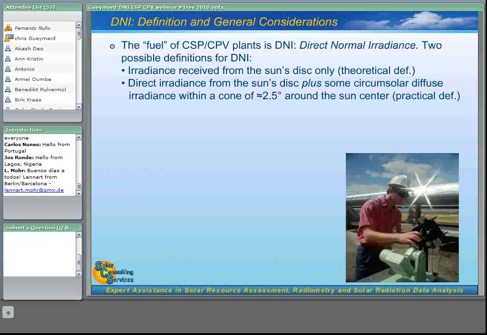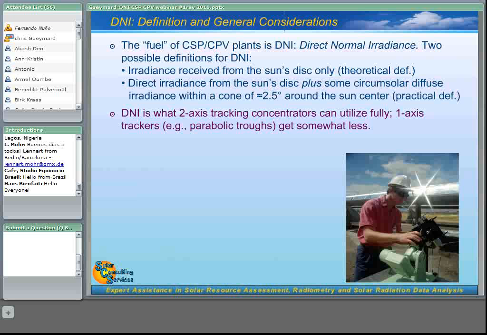There are actually two slightly different definitions for DNI. The theoretical definition is the irradiance received from the sun's disk only, and that can be calculated, or the irradiance from the sun's disk plus some circumsolar diffuse irradiance within a cone of about 2.5 degrees around the sun center. And this is the practical definition because that's what the instruments can measure.